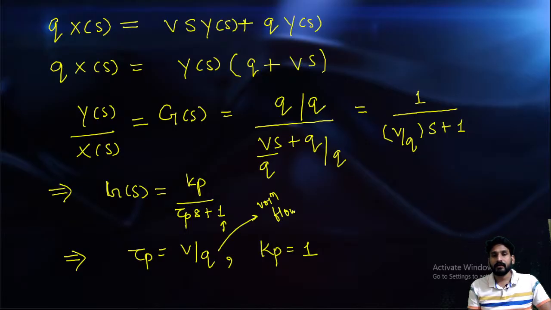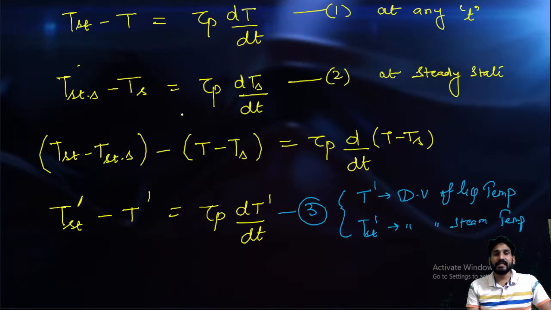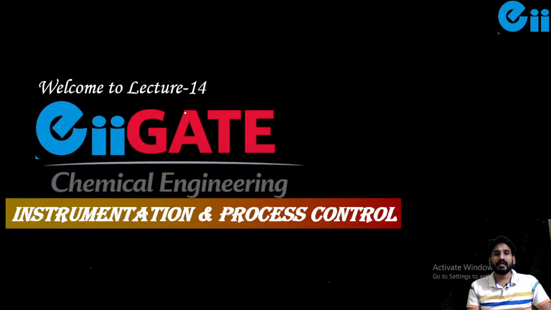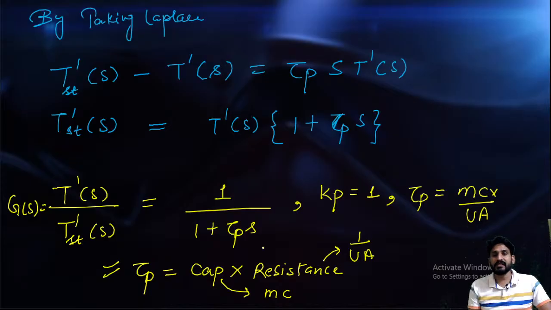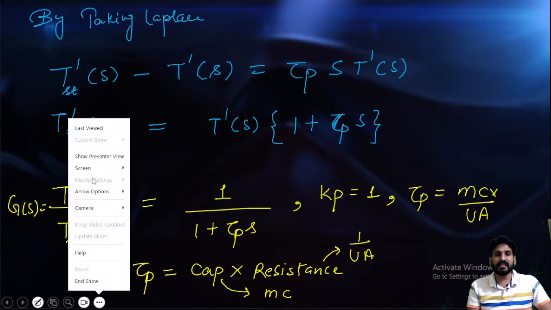Volumetric flow rate means meter cube per unit time, whether it is second, minute or hour, and V is my volume. Kp is 1. In the energy storage tank we calculated that my tau p is mC upon UA and my Kp is equal to 1. You can also remember these things like that.